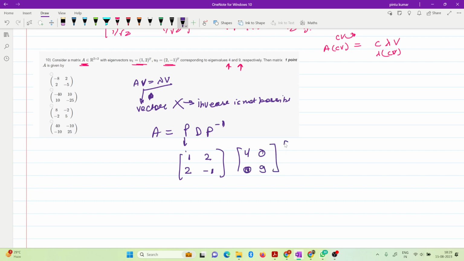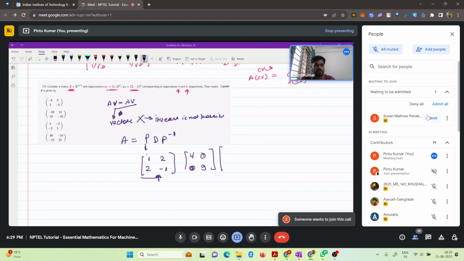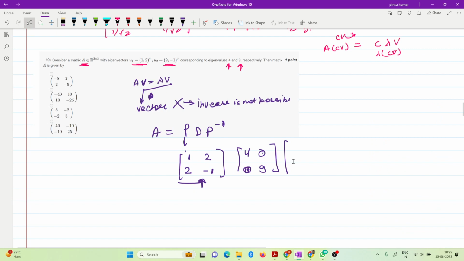Okay, and now I want to find the inverse of this matrix. Okay, so one thing that you can see is this is also a sort of orthogonal matrix, but v1 dot v1 is not getting to 1. Okay, so if you look carefully, if you take this, let's call this v1, let's call this v2.